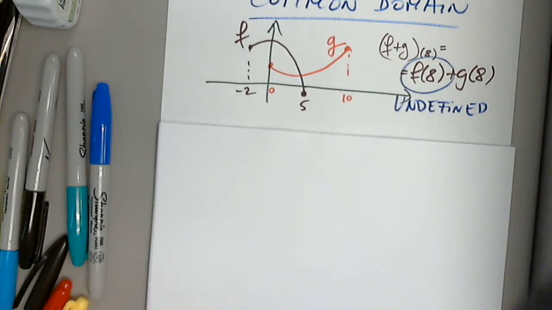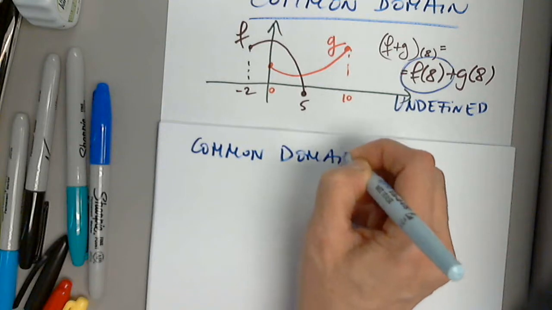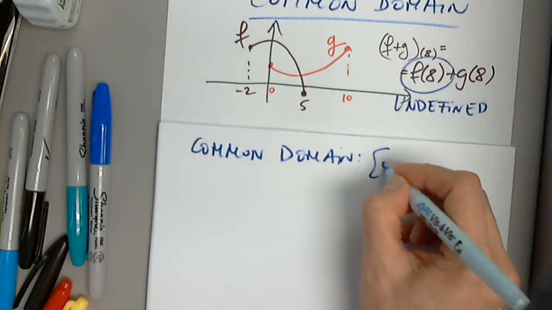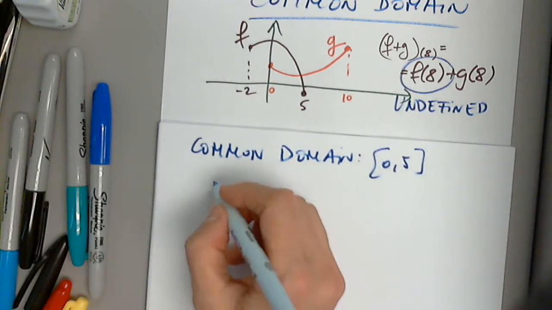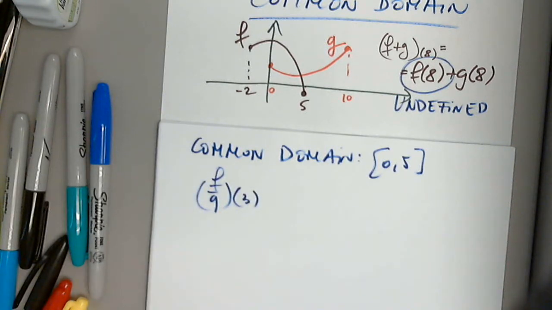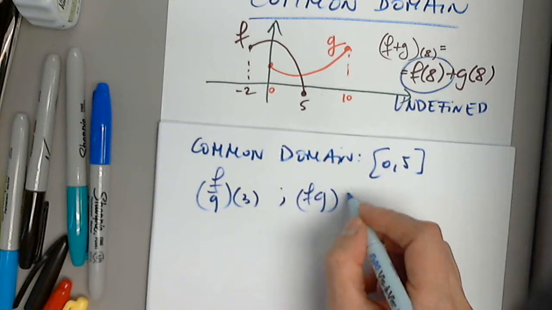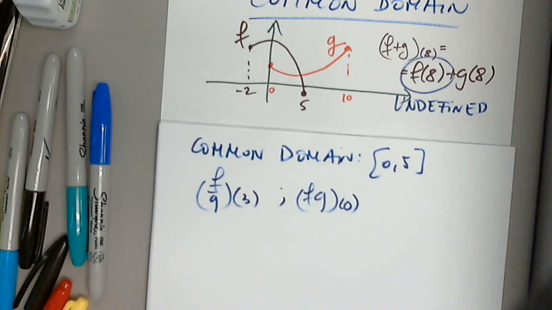If there is no common domain... So the common domain for these two functions is 0 to 5. If I ask you f over g at 3, you will be able to find it. If I ask you fg of 0, you will be able to find it.